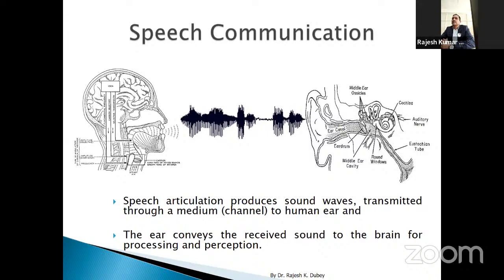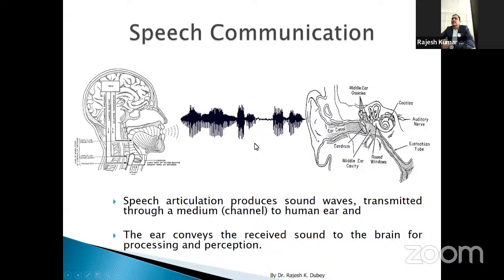See, this is the general structure of speech communication. The speaker is speaking something. This is in the form of air, turbulence, variation in air pressure, and that is going through a medium and reaching the ear of a listener. The listener will listen and understand it.